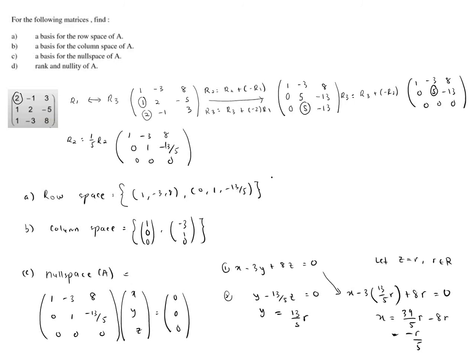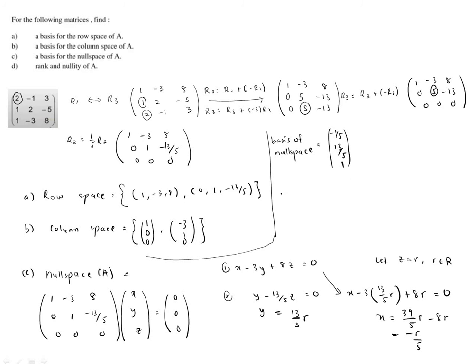Mana saya nak sambung? So basis of null space for A is negative 1 over 5 from x, from y 13 over 5, and then z is 1.